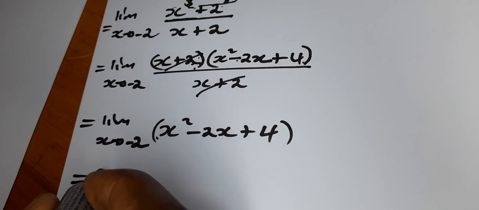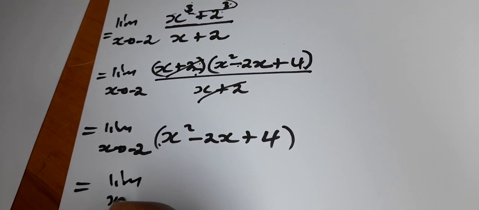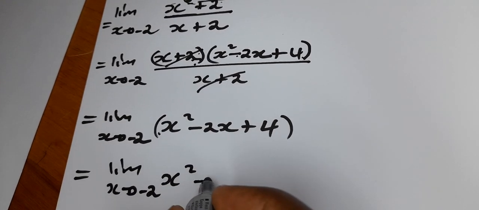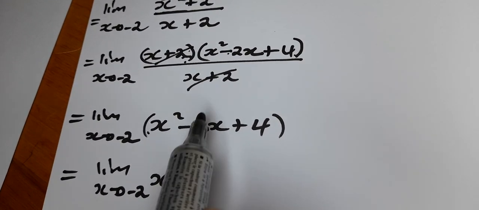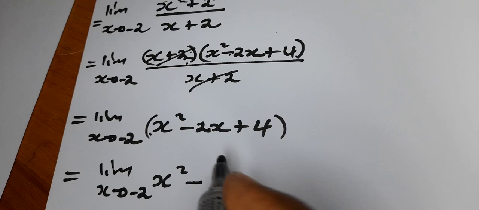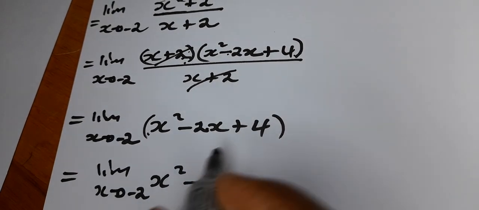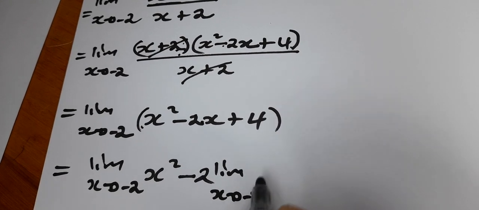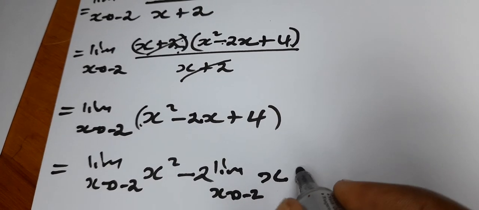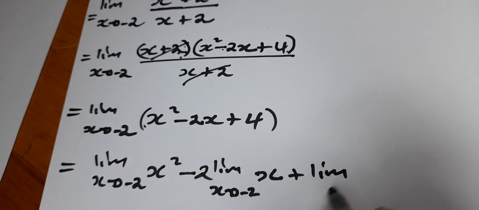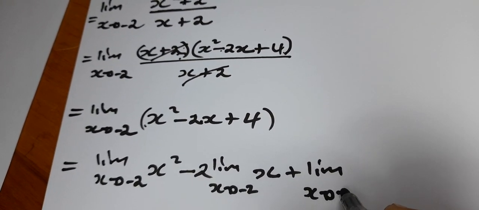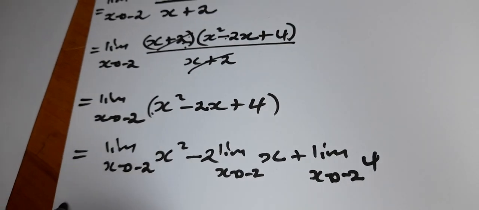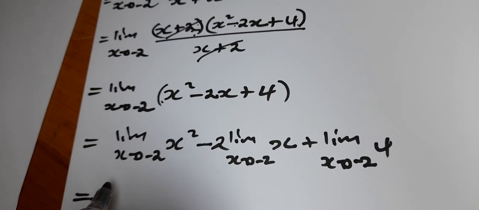This is equal to the limit when x approaches negative 2 of x squared minus, since here we have the constant, we can just shift the constant 2 and then the limit when x approaches negative 2, we have x and then plus the limit when x approaches negative 2, we have 4. Then now we substitute our negative 2.